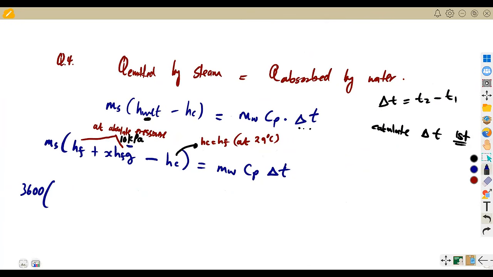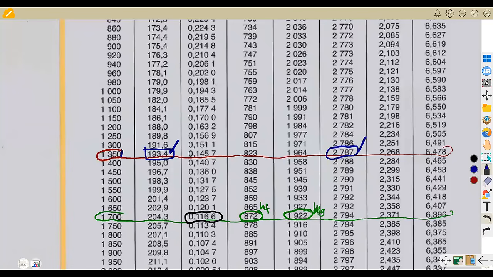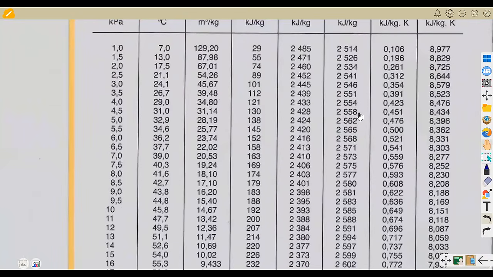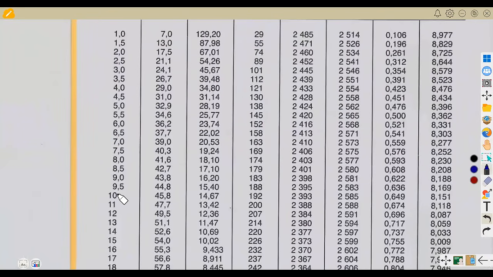So let us go back to our steam table. At 10 kilopascals, under pressure, we need HF and HFG.